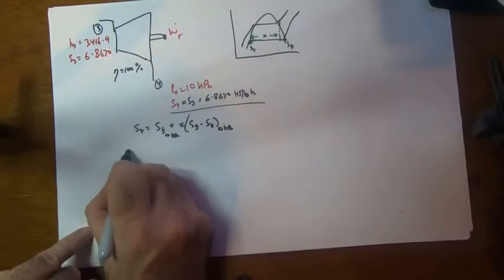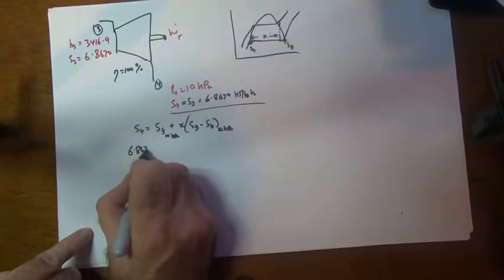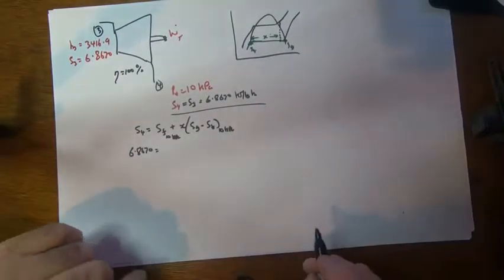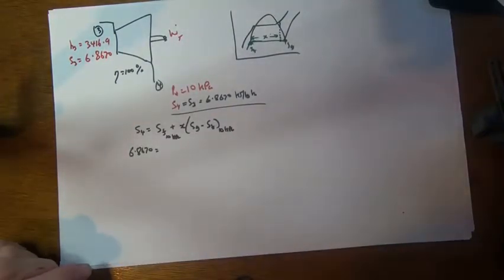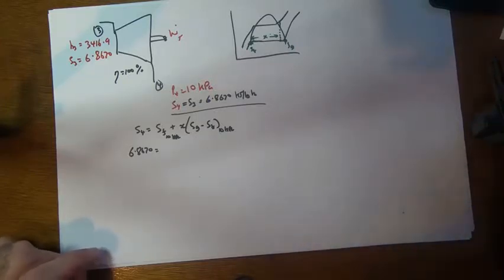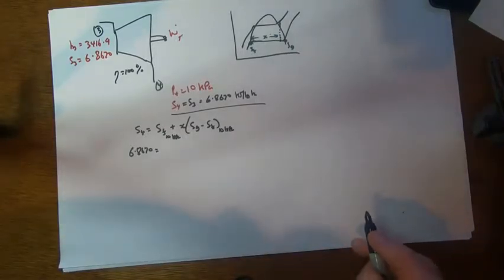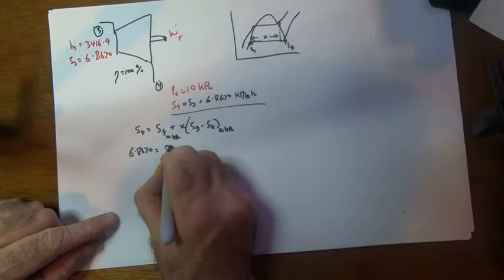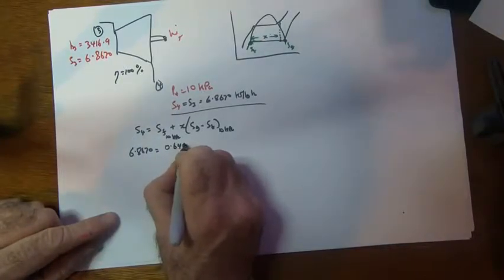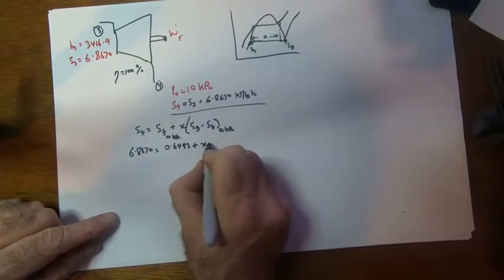So we know S4, 6.8670. We can read the SF value from the table, which, if I can find it somewhere, is 0.6492, as I just said, plus the X times the difference.